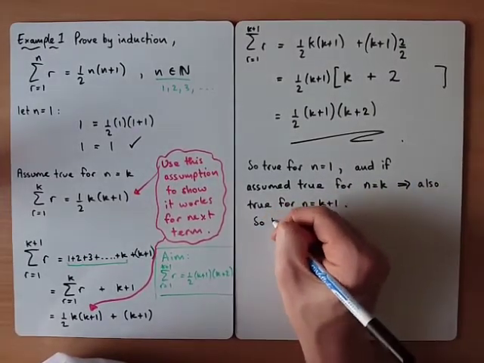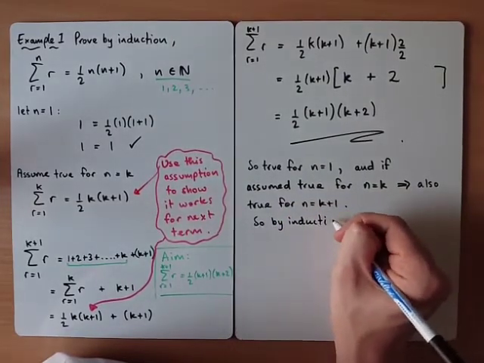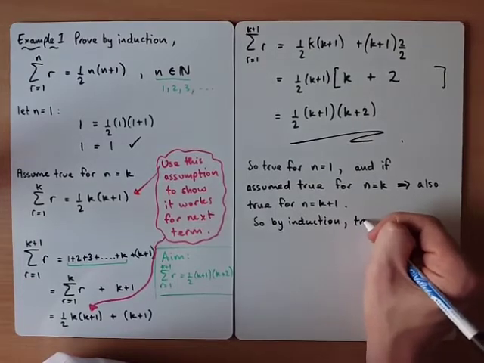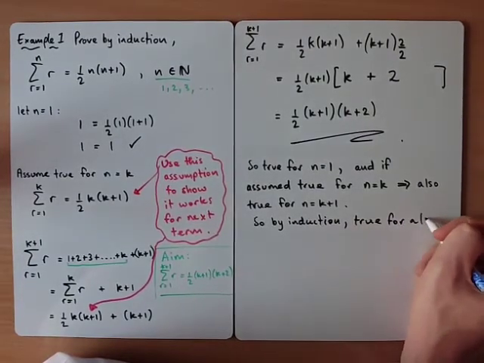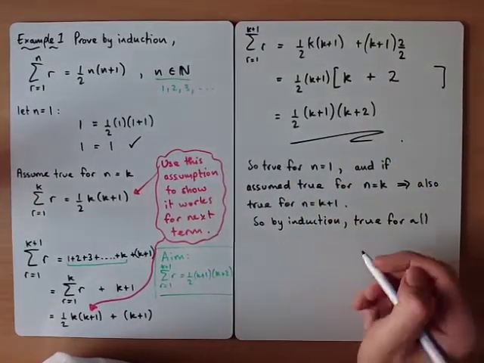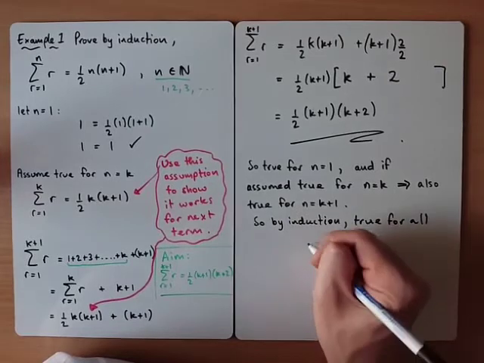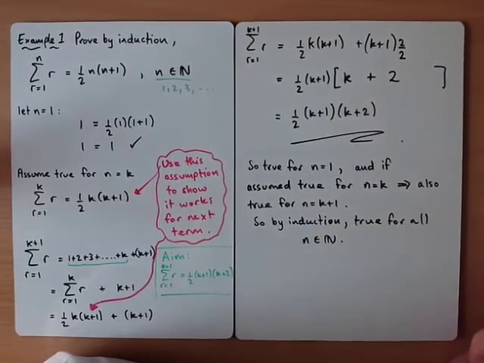So by induction, in this case we were thinking about the natural numbers. It might vary, we'll see in some other questions, but we know that this result is true for all n, which is an element of the natural numbers.